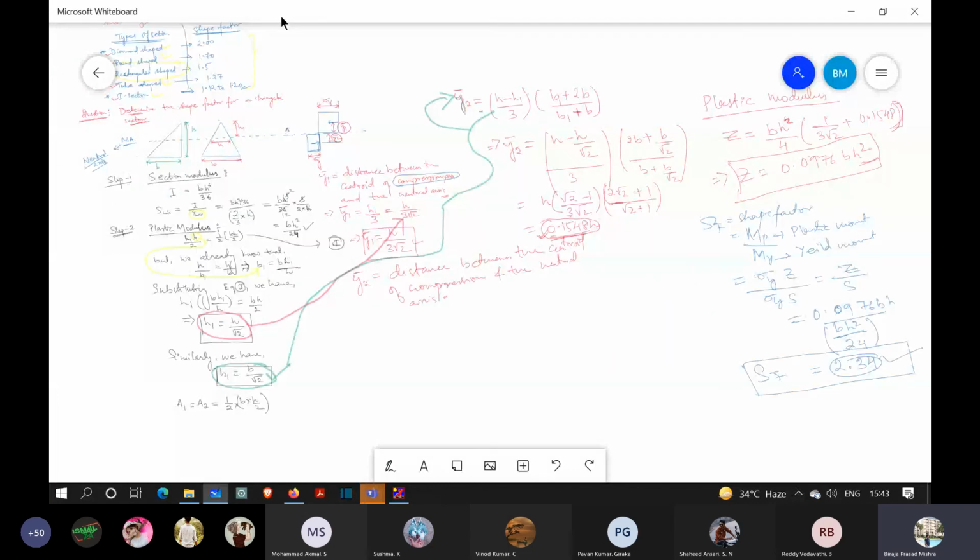If you pay attention here, you will come to know that for diamond shape it is 2.0, for rounded shape it is 1.70, for rectangular shape it is 1.5, for triangular it is 1.27, for elliptical it is 1.12 to 1.20. Now here you see the shape factor for this triangular section is coming to be 2.34.